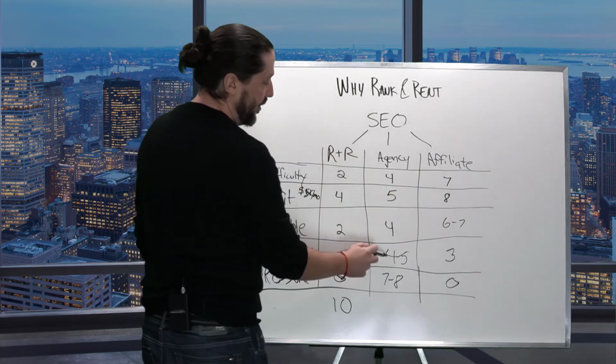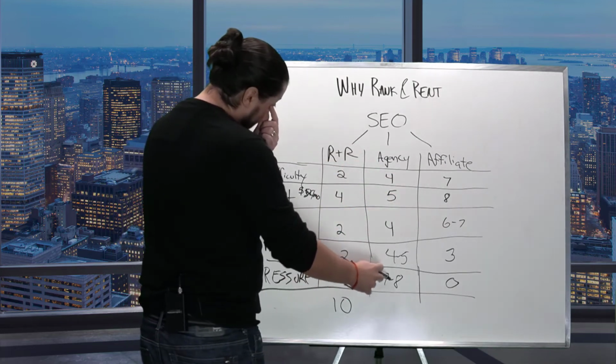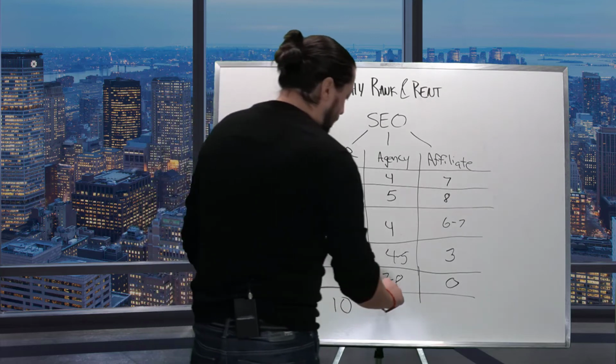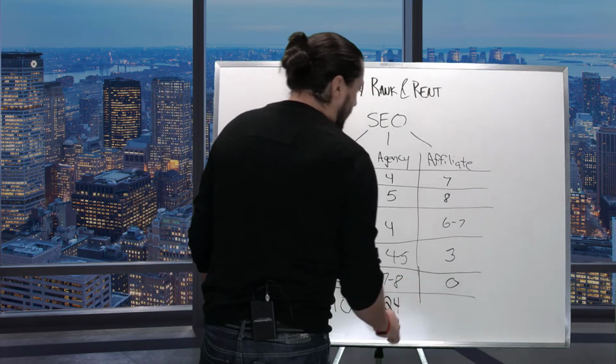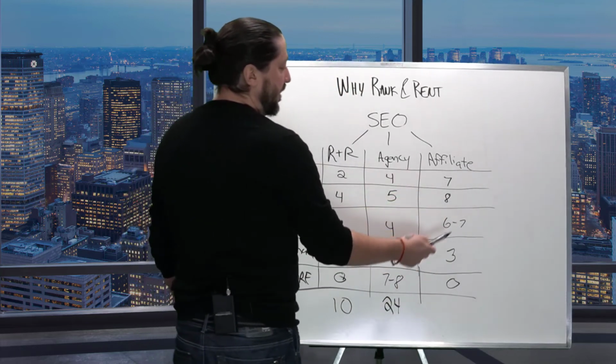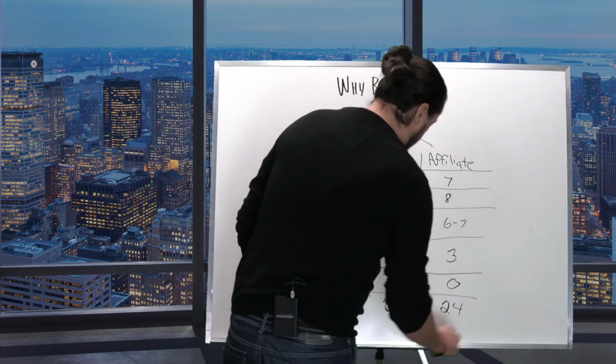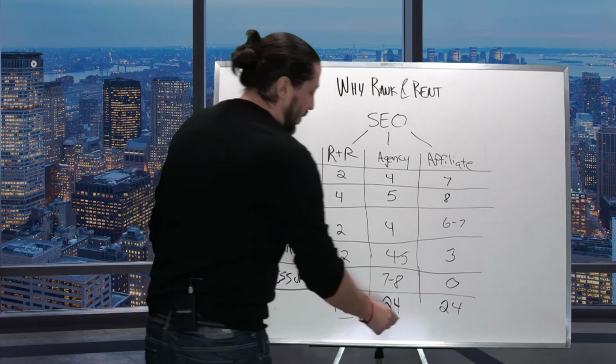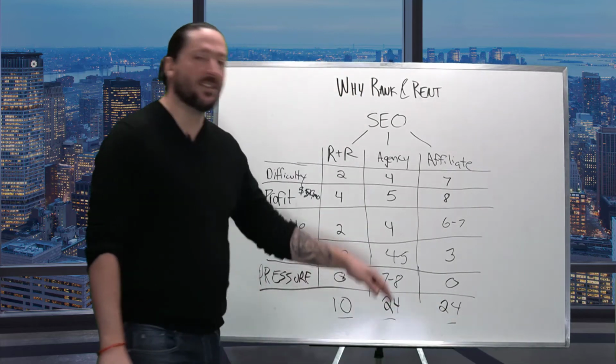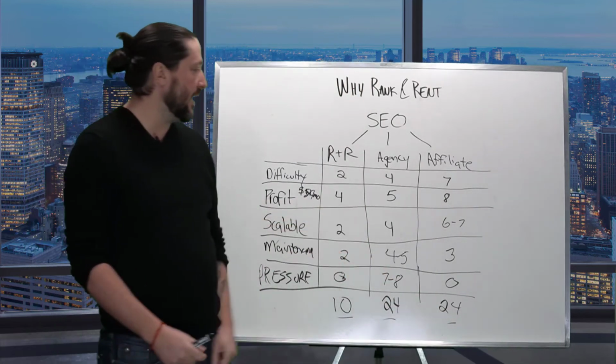Agency, we're at 9, 13, call it 17, and then 7 more would be 24, okay? And then in affiliate marketing, 7 and 8 is 15, plus 6 is 21, about a 24, okay? The lower the score, the better, in my mind. And that's just quick math when I'm trying to look at things as an overall.